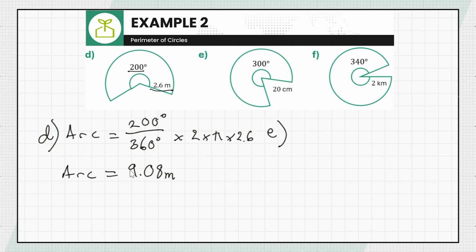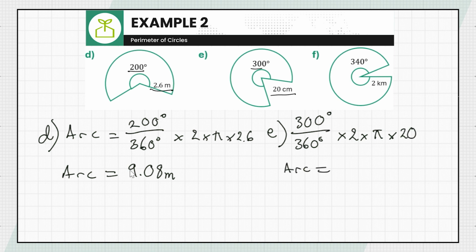E, we have an angle of 300 degrees divided by 360 degrees multiplied by 2 multiplied by pi and then multiplied by our radius, which is 20 centimeters.